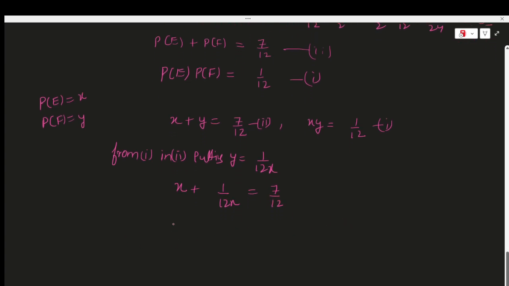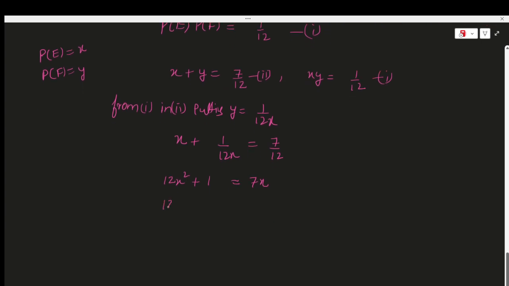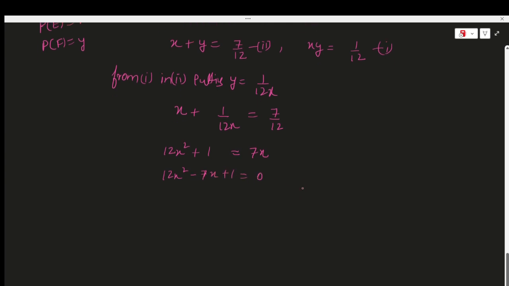We can multiply the whole equation by 12x. It will become 12x squared plus 1 equals 7x. And then we can just bring it to the left side and we can now solve this quadratic.